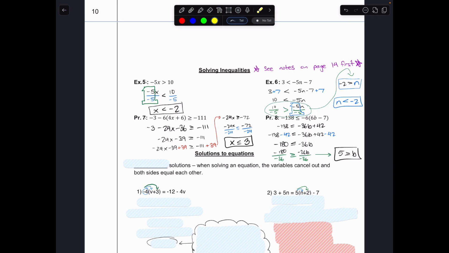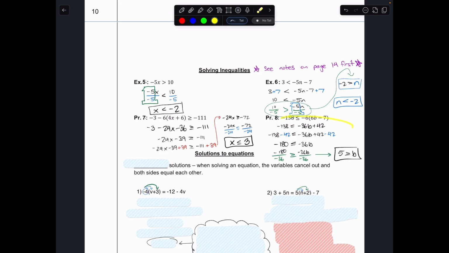So we add 39 to both sides. And when we combine our like terms, we just get negative 24x on the left, negative 72 on the right, because negative 111 plus 39 is negative 72. Now, we want to get x by itself, so we need to divide by negative 24. We're dividing by a negative, so the direction of the inequality changes. Instead of greater than or equal to, it becomes less than or equal to. And we get x is less than 3.